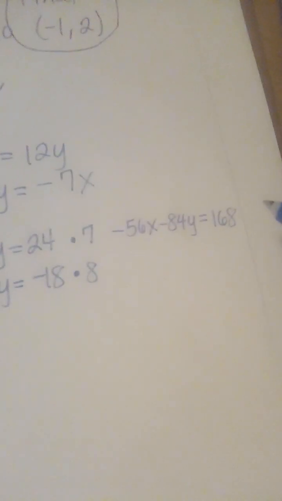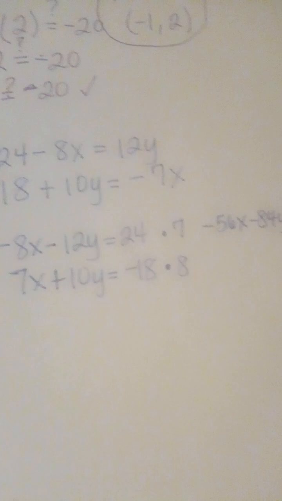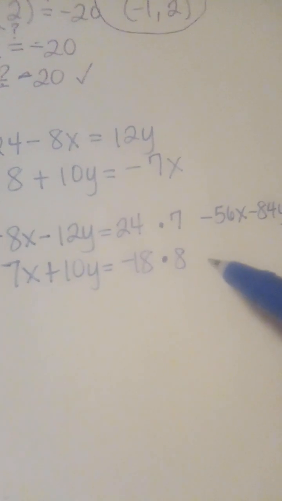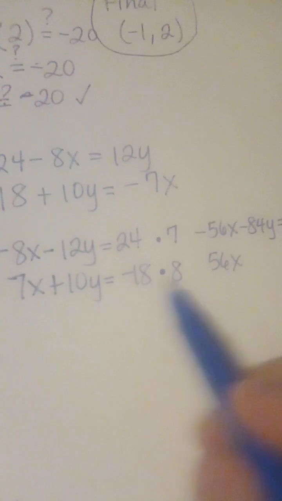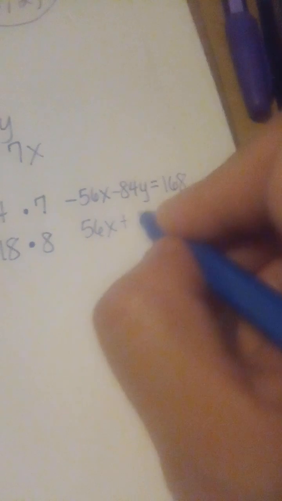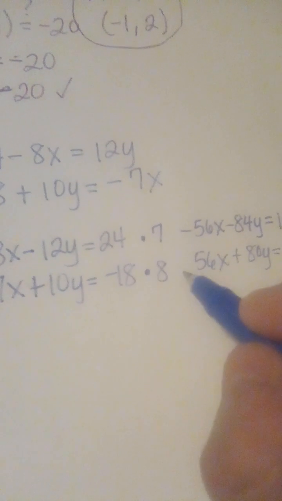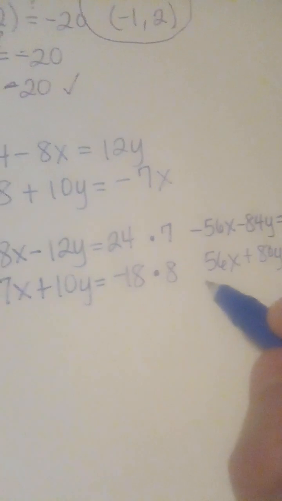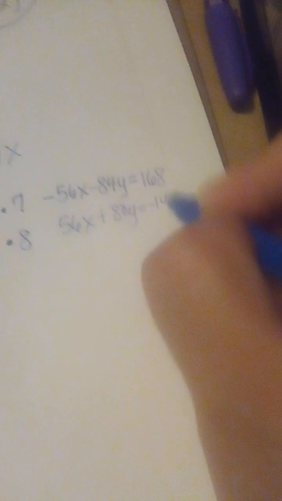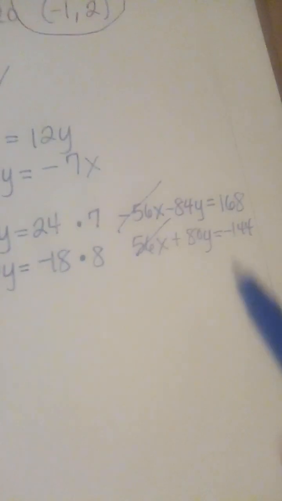Okay, so far so good. Then you do the same thing here. We got 7 times 8 is 56x. 10 times 8 is 80, which is positive 80y. And then negative 18 times 8 is a negative 144. We cross out the x's there.